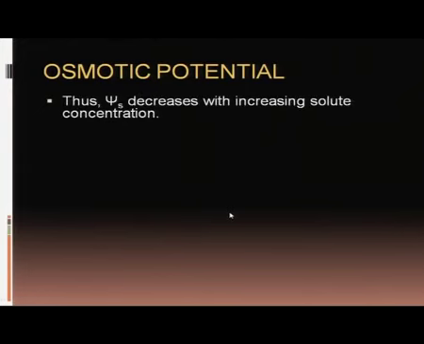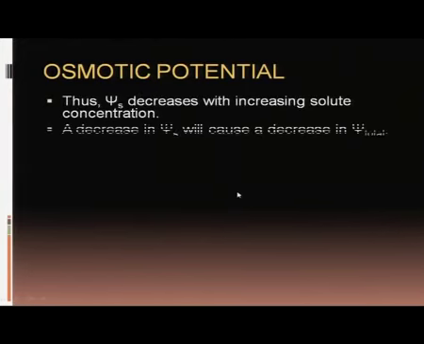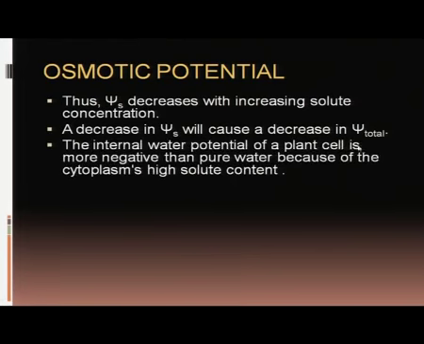Talking about osmotic potential, it is the same as the solute potential. Actually, what happens? The solute potential decreases with increasing solute concentration, and this will cause a decrease in the total water potential of the system. Now, the internal water potential of a plant cell is more negative than pure water because of the cytoplasm's high solute content.